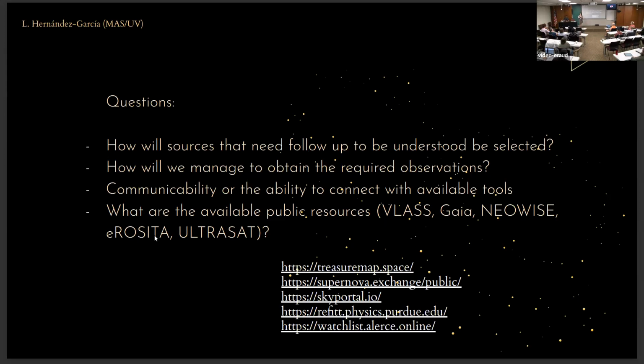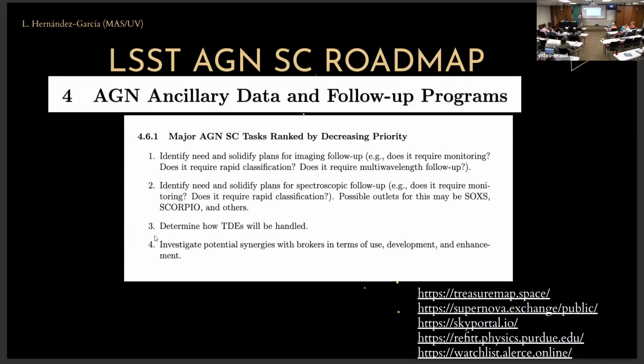Also, how are we going to deal with the communicability or the ability to use the available tools, and also to know what the available public resources are that we can use to select and to follow up these sources. And I was taking a look at the LSST Science Collaboration roadmap, and the questions in the follow-up part of the document are very similar to the ones that I was asking myself.